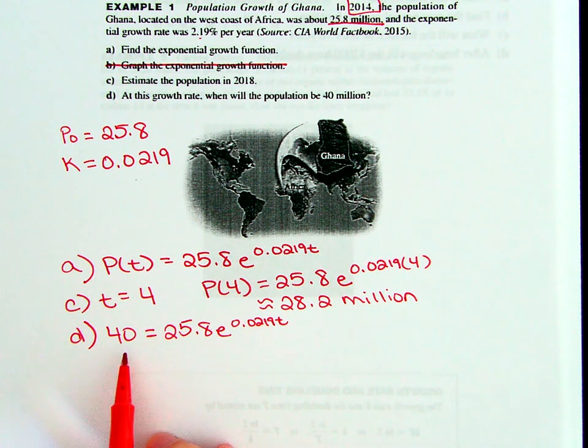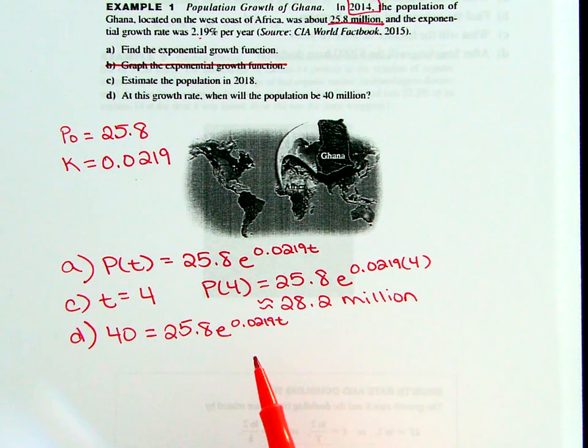So now we're going to solve. Well, we can't solve yet. We learned how to solve exponentials last class period, but we can't solve yet because our exponential is not completely isolated. To get our exponential, our e, completely isolated, we're going to have to divide both sides by 25.8.